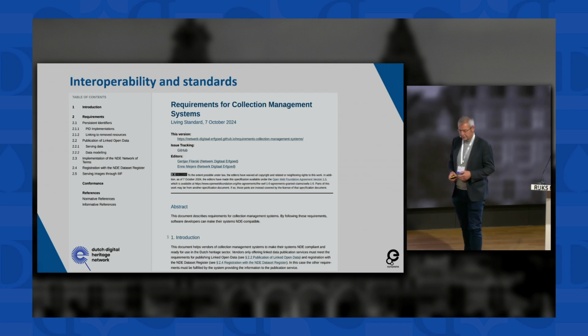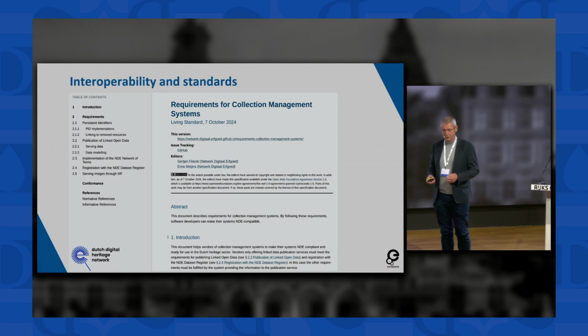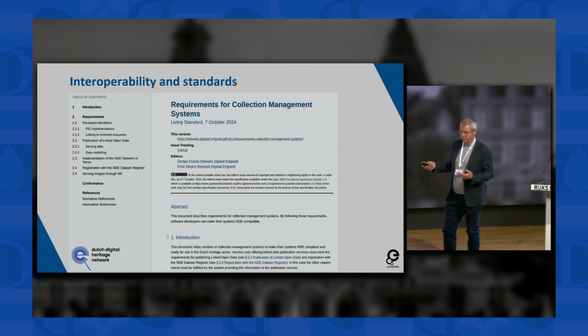And currently, in the past 10 years, we worked together a lot with the vendors of the collection management systems, and currently we're at the point where we agreed upon the requirements, the NDE requirements, as we call them these days.